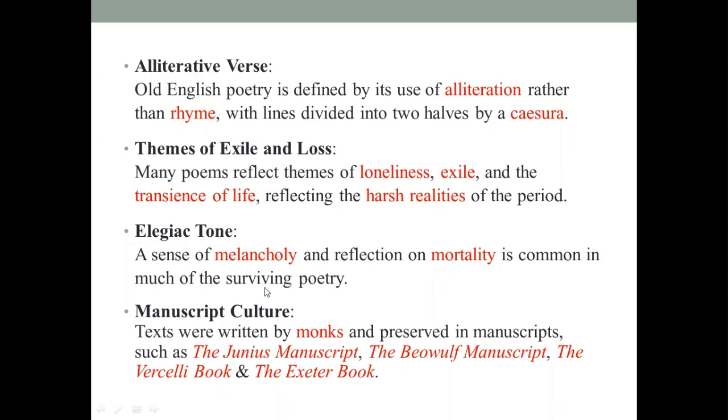In whatever poems we have, we find that melancholy, that sadness, sorrowfulness, the desolation, and the reflection of mortality, that impermanence. These are the common themes, that common tone which we find in whatever poetry was surviving during that Old English period.